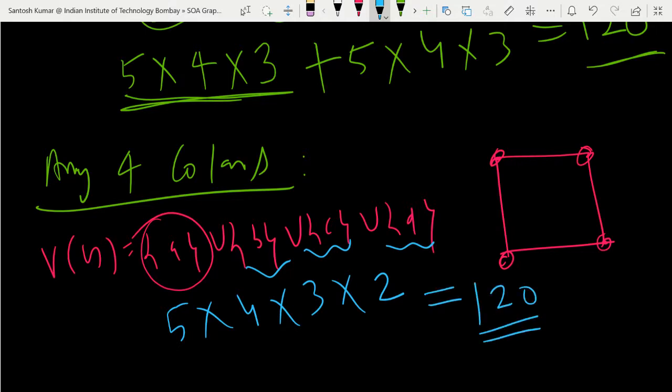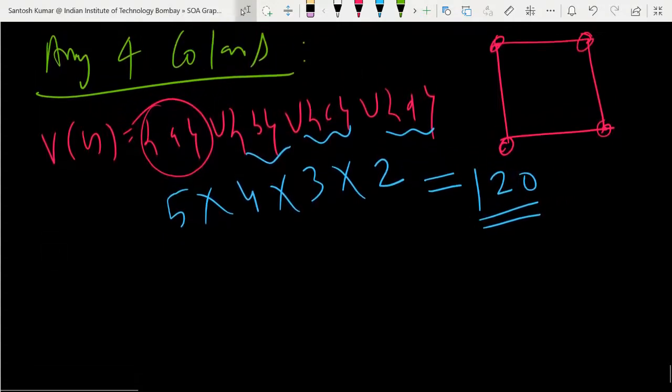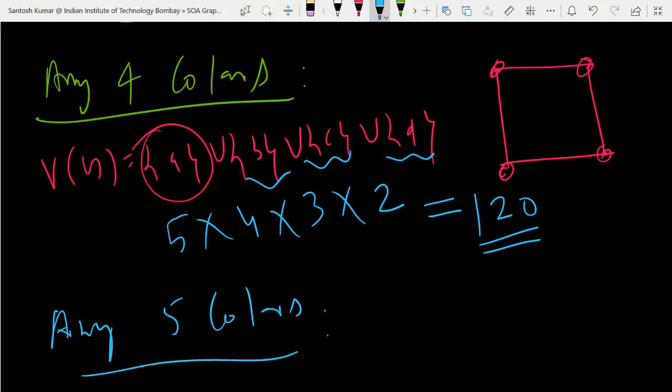So if you are using 4 colors out of 5 colors, the total number of different proper colorings produced is 120. Can I use all 5 colors at the same time? Any 5 colors is the next case I will consider. Can I use 5 colors for the 4 vertices? No, sir, this cannot be the case.